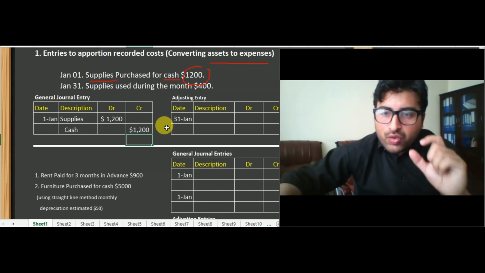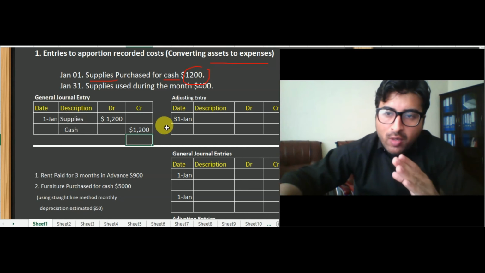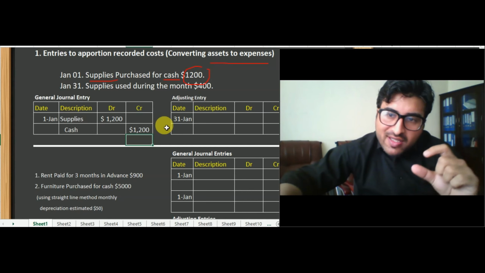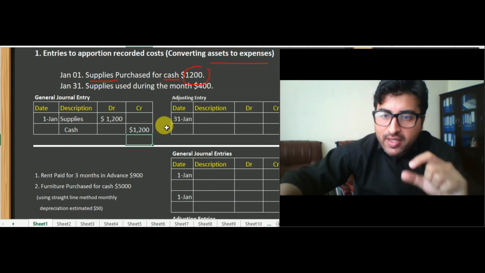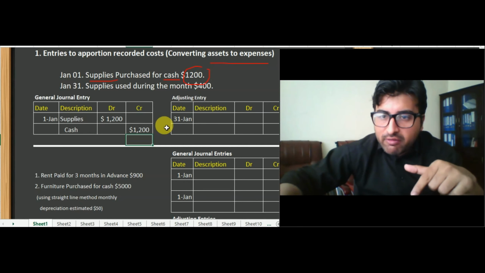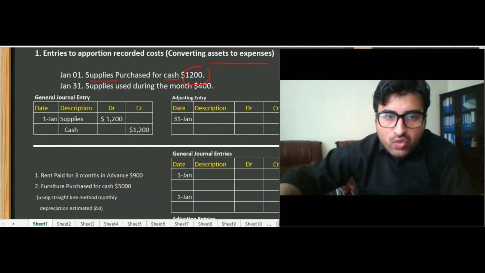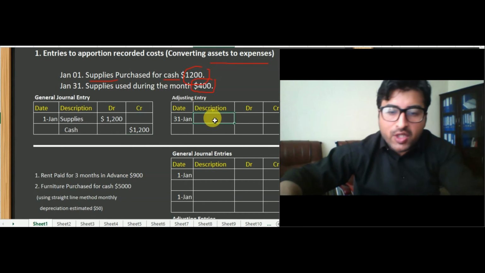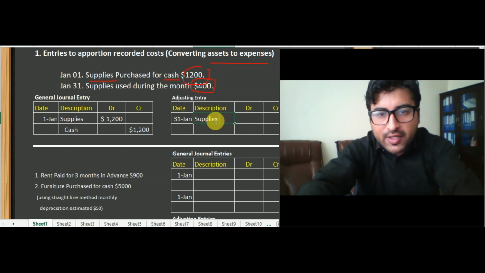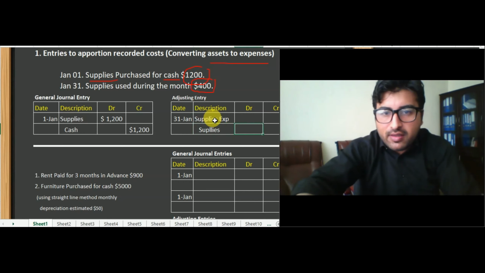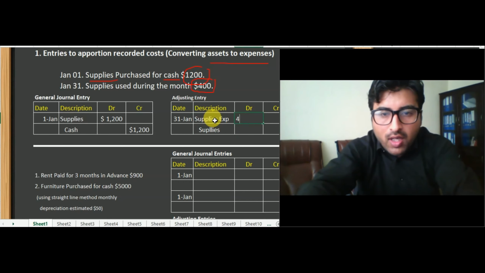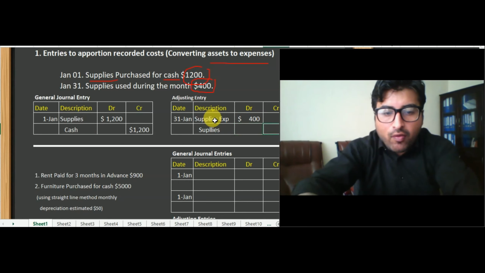Now you have to make sure after 1 month how much of the total supplies purchased was used during our accounting period, which is 1 month. So look here, dear students, that is $400. It means our expense increased, so supplies expense debit and supplies credited. How much? $400 to be debited and $400 to be credited.